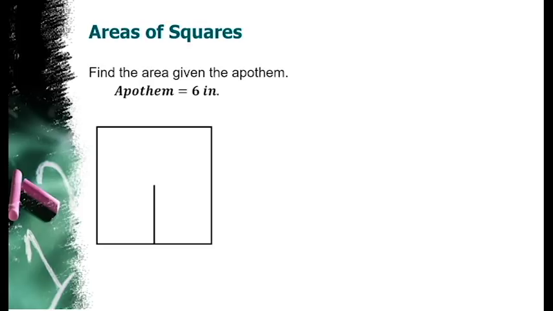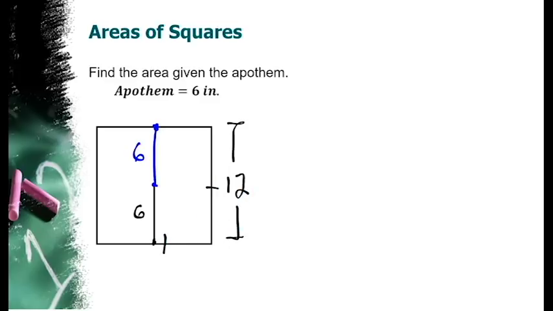Our next example of a square is when they give us the apothem. So if they give us the apothem, which is 6 inches, we talked about 2 slides ago that if this apothem is 6 inches, our second apothem from the center to the exact opposite midpoint would also be 6 inches, which gives us a total length here of 12.